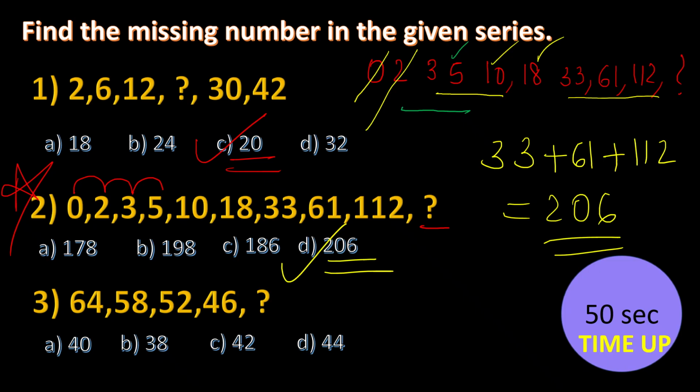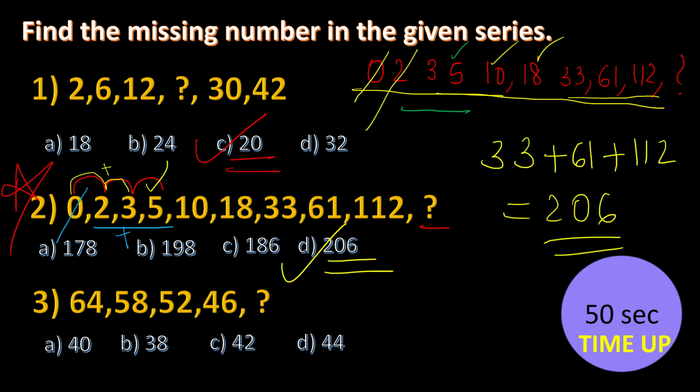Okay, students? So what they have done here, in the series given to you: first, they have taken the set of three numbers, that is 0, 2 and 3. They have added it, and you'll get the next number as 5. Then they have left 0 and taken 2, 3, 5.